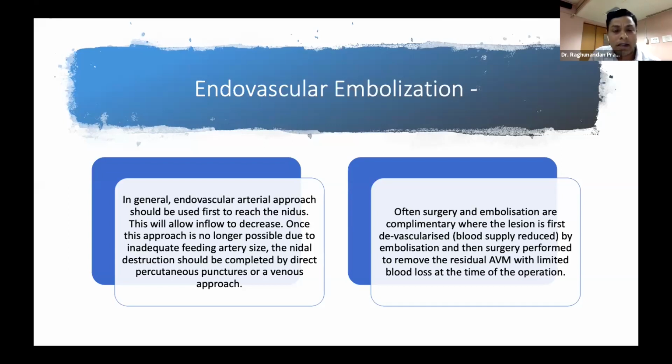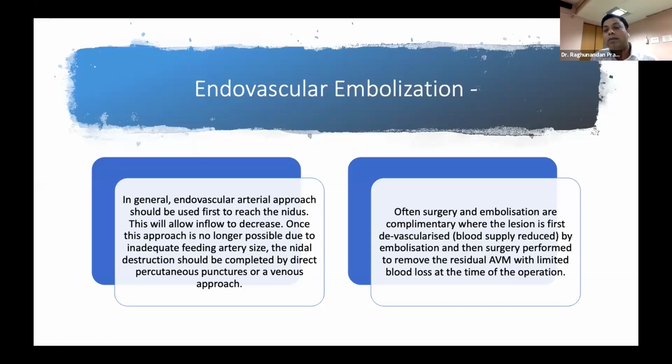So it should be a combined transarterial, transvenous approach. Once the transarterial and transvenous approaches are exhausted, then you can go for direct puncture of the nidus and put embolic material directly.